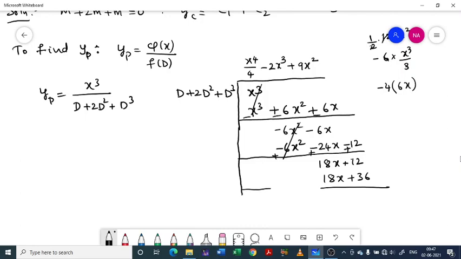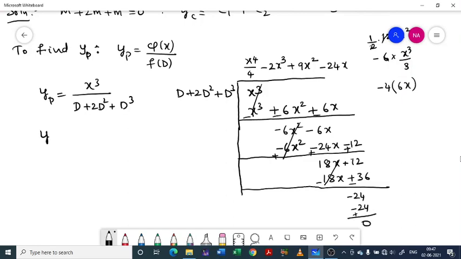Now subtracting, 18x gets cancelled. We will be getting 12 minus 36, that is minus 24. Minus 24 divided by d, that is minus 24x. Subtracting it will be plus 24, you get 0.